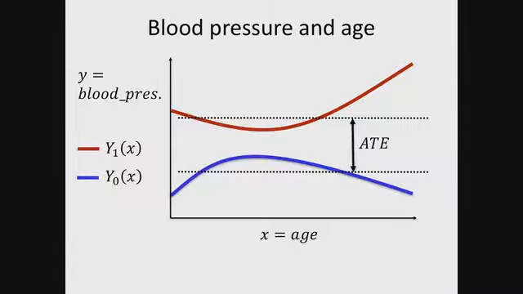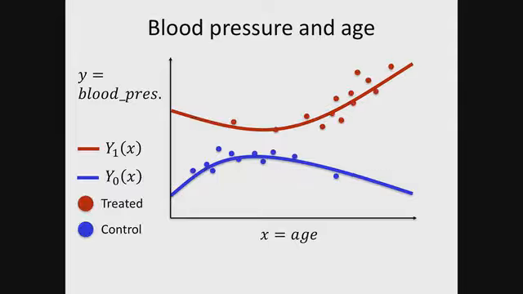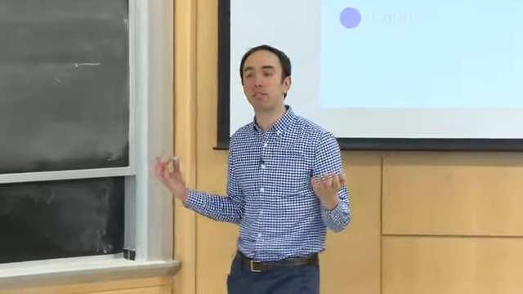Now, the challenge about doing causal inference from observational data is that, of course, we don't observe those red and those blue curves. Rather, what we observe are data points that might be distributed all over the place. Like, for example, in this example, the blue treatment happens to be given in the data more to young people, and the red treatment happens to be given in the data more to older people. And that can happen for a variety of reasons.